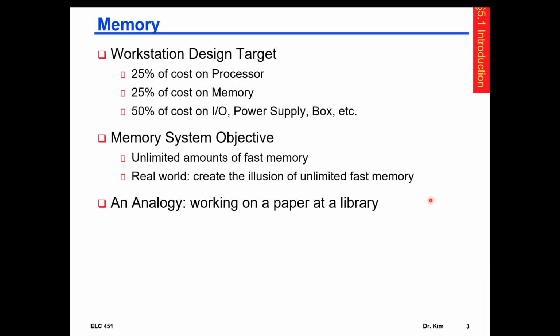In this type of budget, the caches are not included because normally they are part of the chip or the chipset of the processor. So that's on the processor. But what you see here is that 50% of the cost is the processor and the memory, and the other 50% is everything else: the box, the power supply, the different I/O, etc. So the memory is very important. It has a tangible effect on the cost.